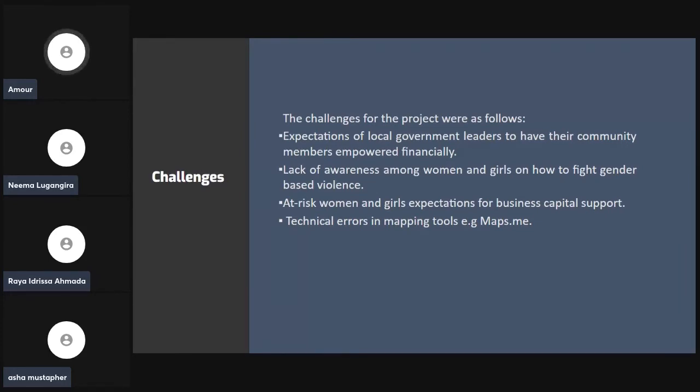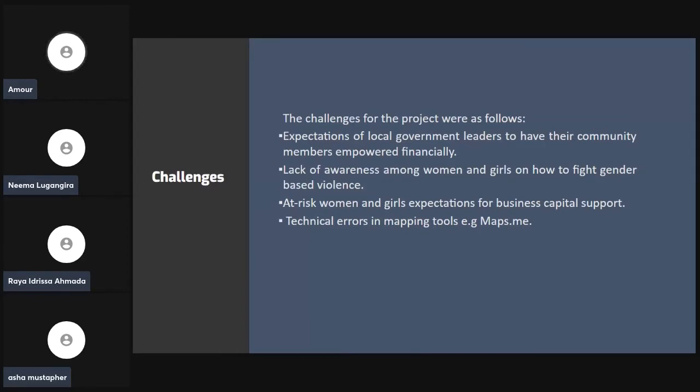And the last area, which I guess many communities have faced, is technical errors. But the good thing is, as OMDTZ and other communities who receive these grants, we are working together to help each other with any technical errors that we are facing.